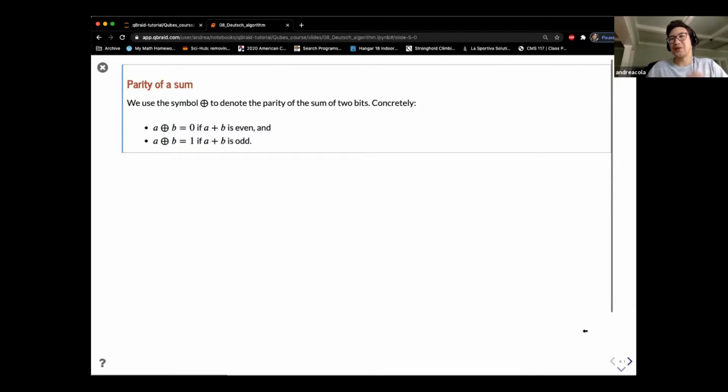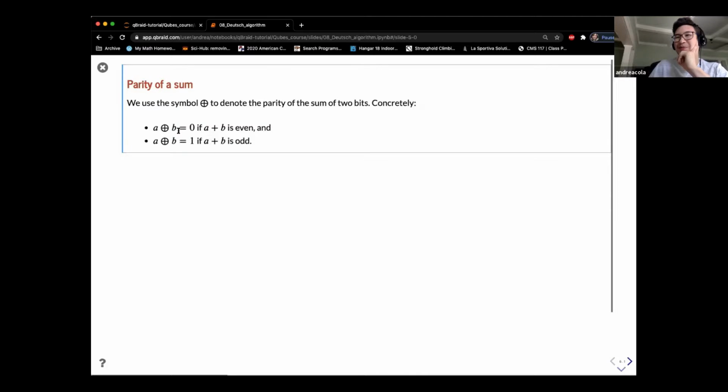So, back to this parity symbol. This is also called XOR, if you're familiar with that. But basically what it gives you is just the parity of the sum. Some people call it a sum modulo 2, if that means something to anyone. I'll call this symbol XOR, that's how I usually call it.